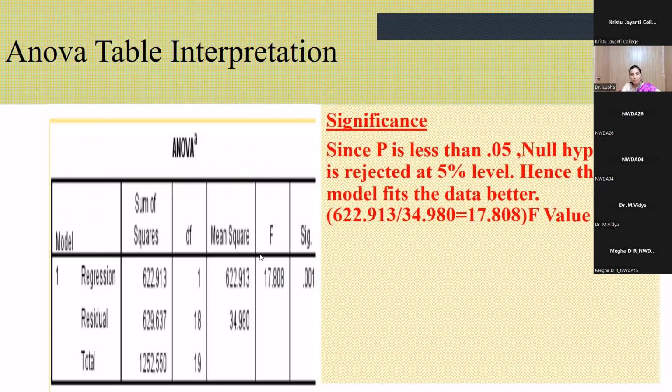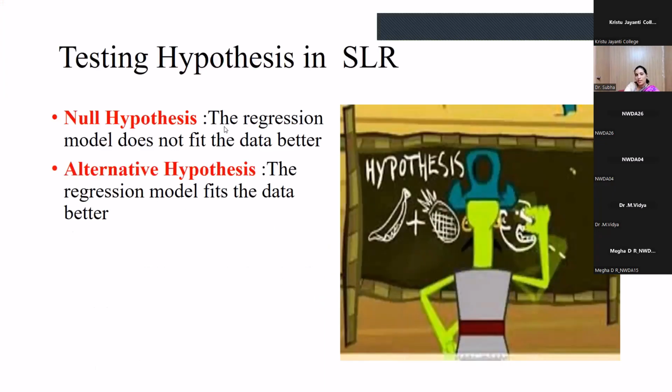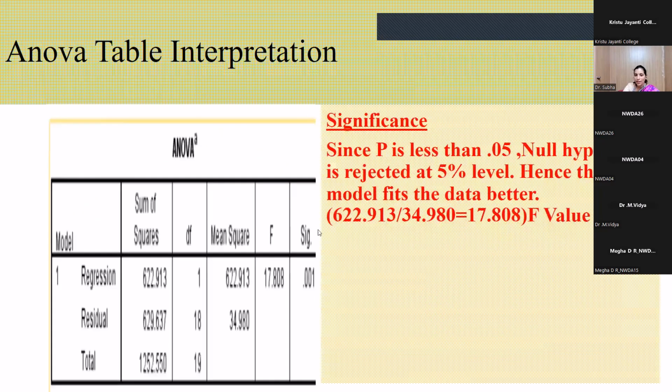So how will you be able to tell that? Through the significance value. Here the significance value is 0.001, which is less than 0.05. So you are going to reject the null hypothesis at 5% level. So you are going to say that the regression model fits the data better, because the p-value is less than 0.05. But you can see this F value also.